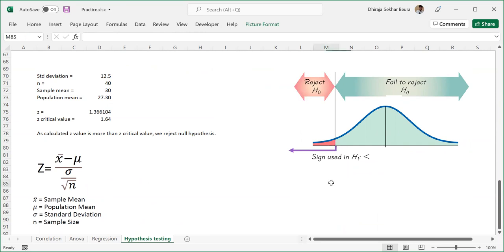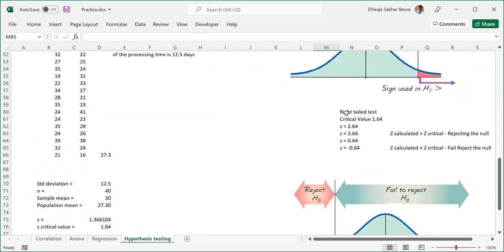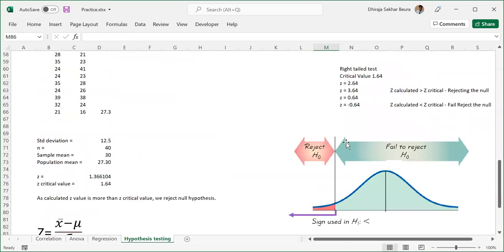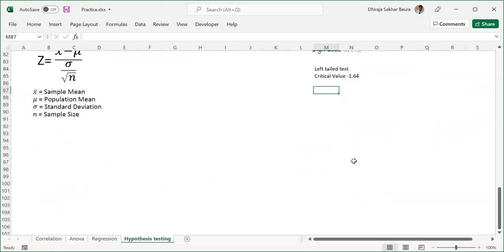Awesome. Exactly similarly, we now have the left test, and our critical value is minus 1.64. Suppose our calculated Z is equal to 1.64.